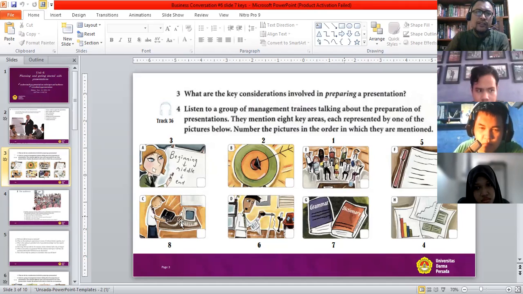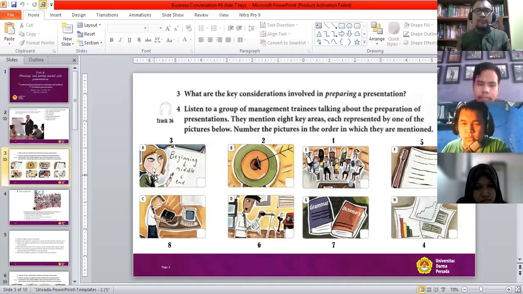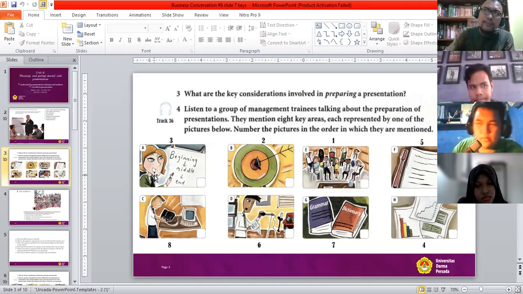Right, guys? Checking your words. And the last one, number 8? Checking the equipment, the rooms, and everything. So these are the 8 things that all of us need to pay attention to so that we can have good presentations next time.